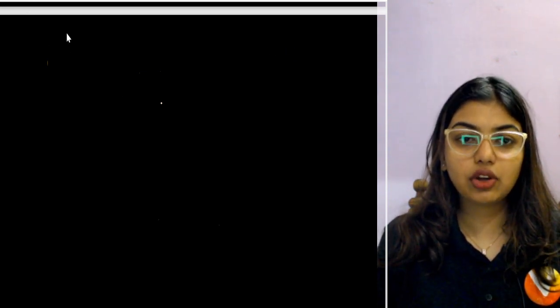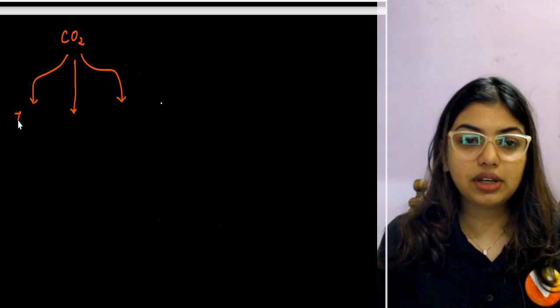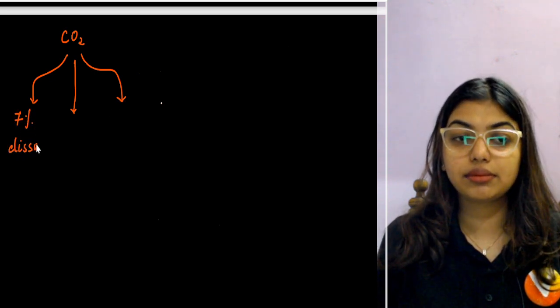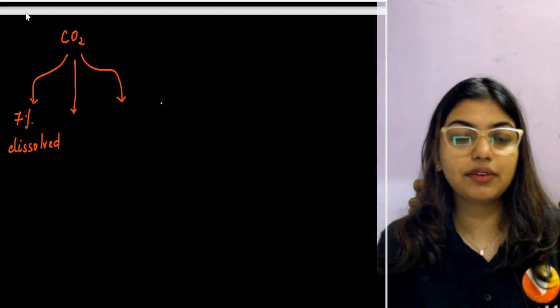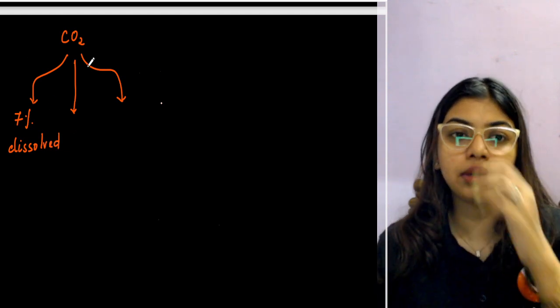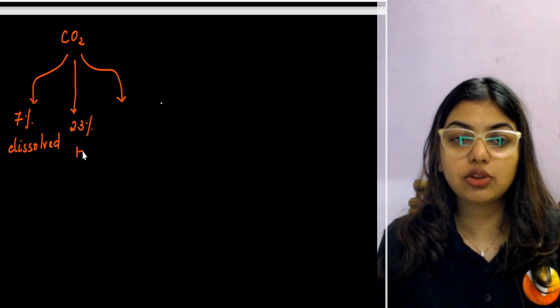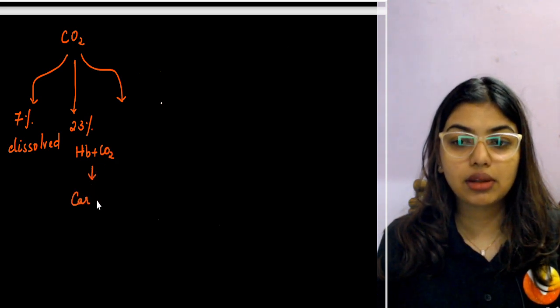So when we talk about transport of carbon dioxide, remember that three things are going to happen. First, 7% of the carbon dioxide is going to be dissolved. Then, to be precise, 23% of carbon dioxide will go as combined with hemoglobin to form carbaminohemoglobin.